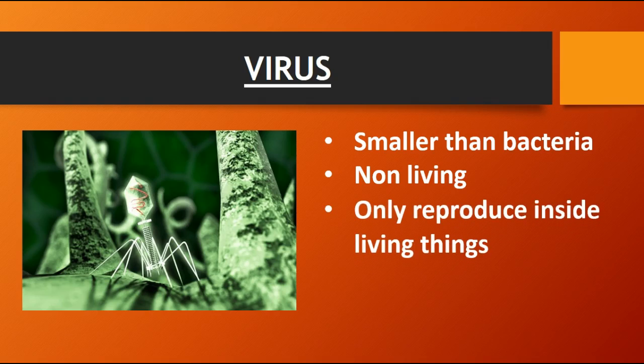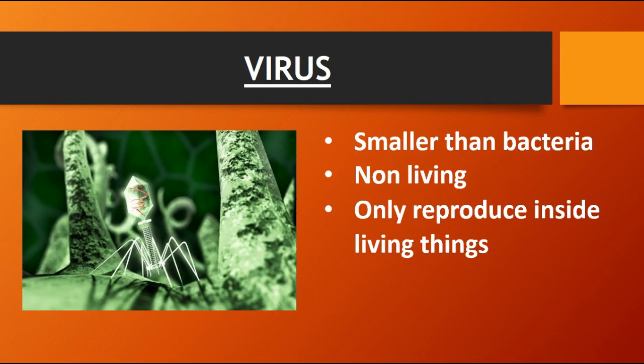And they can only reproduce inside living things. They inject their DNA. They do have DNA. They inject it into another cell, a host cell, and that cell uses all of its cellular components to reproduce that DNA for the virus and create new virus particles.